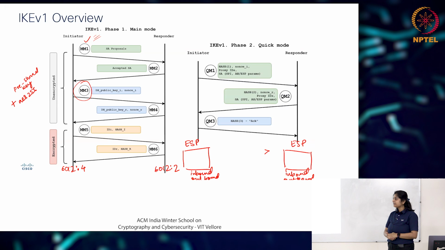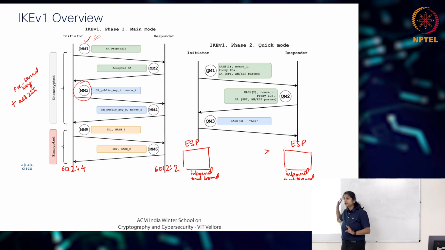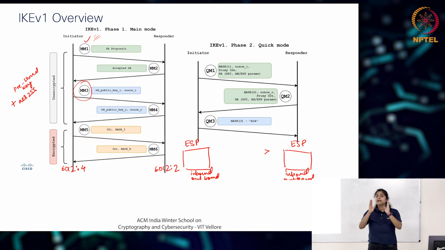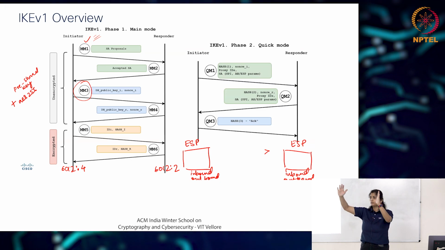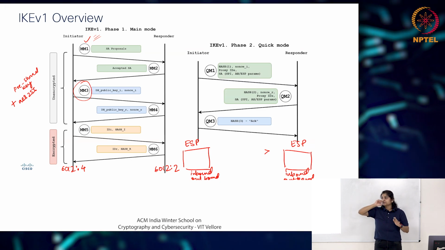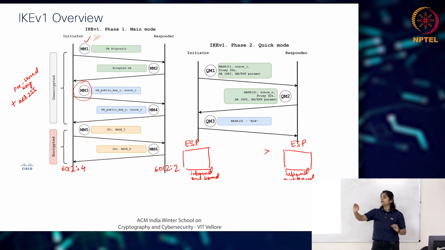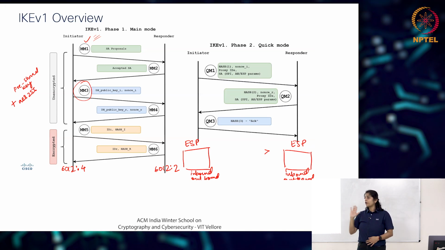Are you seeing any other IPs? No. Because the exchange is happening not between the endpoints, but between the devices. And that is why for layer 3 routing, layer 4, all layers, the packets are between these two. You will not be able to read the private IPs that are there. Okay, that is the whole point.